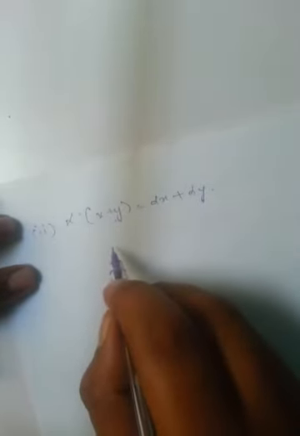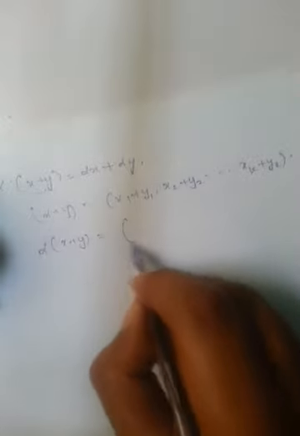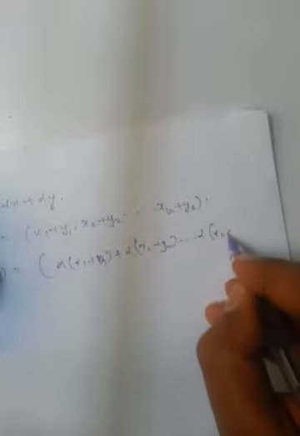First check x plus y, which we express as x1 plus y1, x2 plus y2, and so on, xk plus yk. Now if you multiply alpha with x plus y, we are multiplying each component: alpha times (x1 plus y1), alpha times (x2 plus y2), and so on, alpha times (xk plus yk).